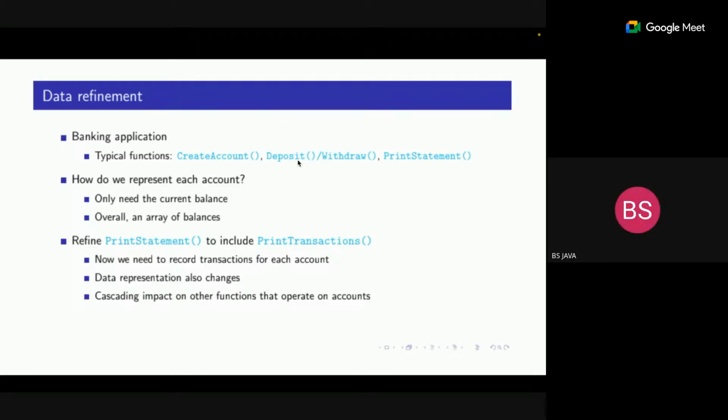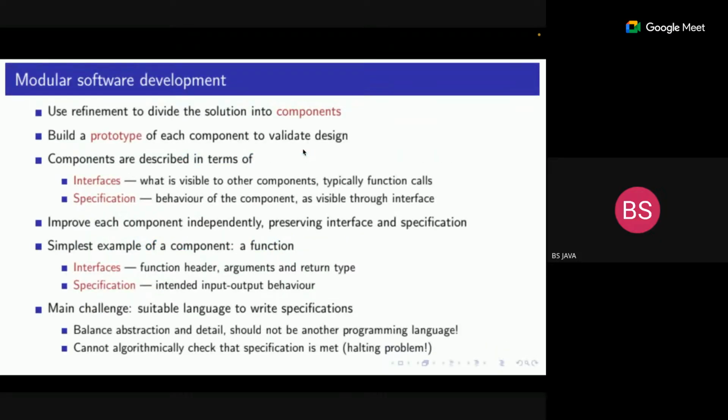So that is data refinement. Okay, so again we are coming to modular software development, similar to what we learned in stepwise refinement. Here it is talking about how we develop software.